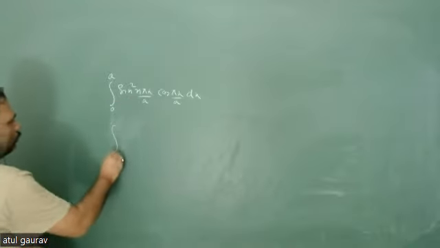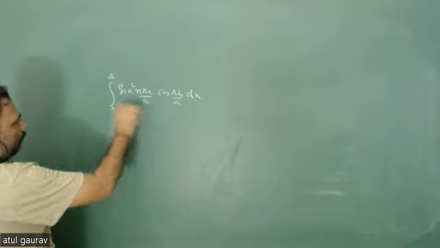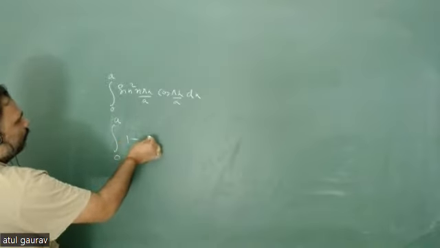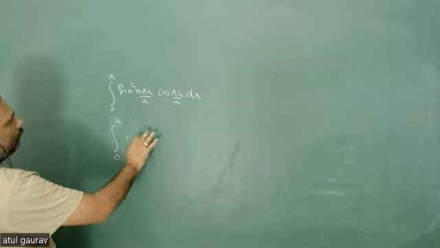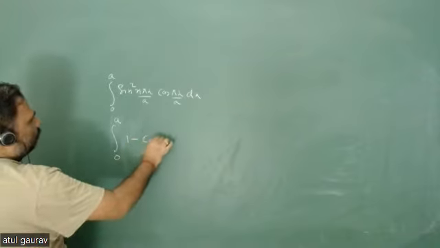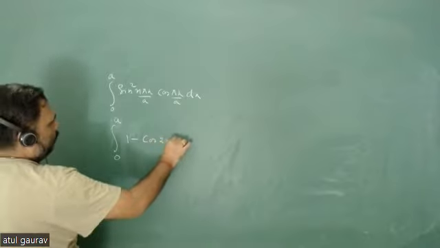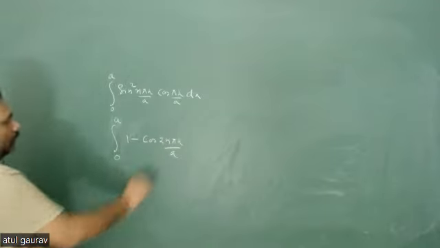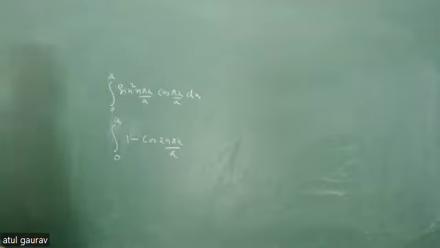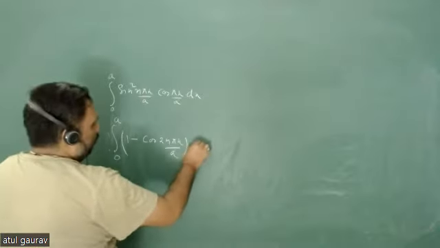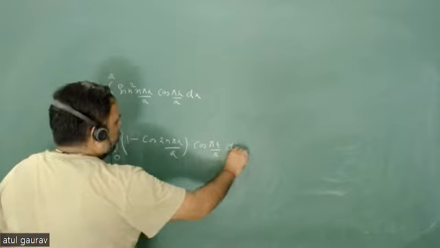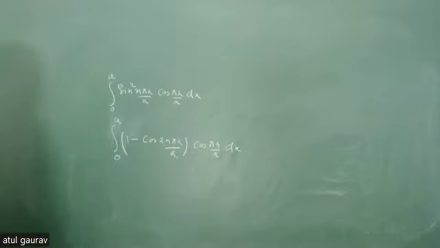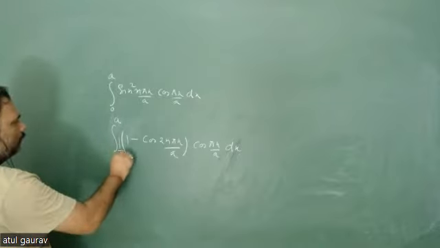So what will we do? 0 to a, and we will go for (1 minus cos(2nπx/a)) over 2, and then you have cos(πx/a) dx, isn't it? Great. The half will become outside.